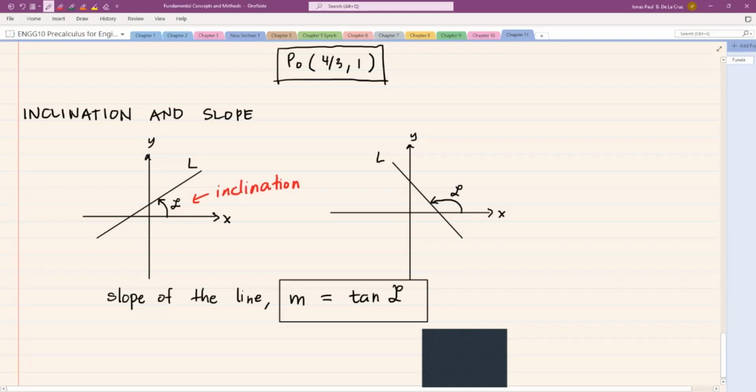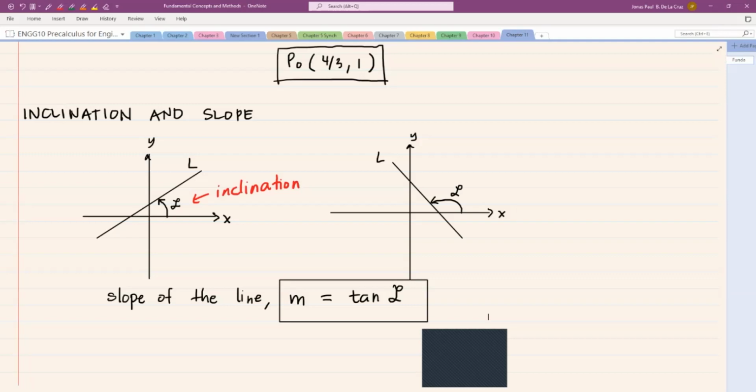Upward to the left, or downward to the right, has a negative slope. Now, what about when the line is vertical, when the inclination is 90 degrees? If the inclination is 90 degrees, our line is vertical and the slope is undefined, because tangent of 90 is undefined.